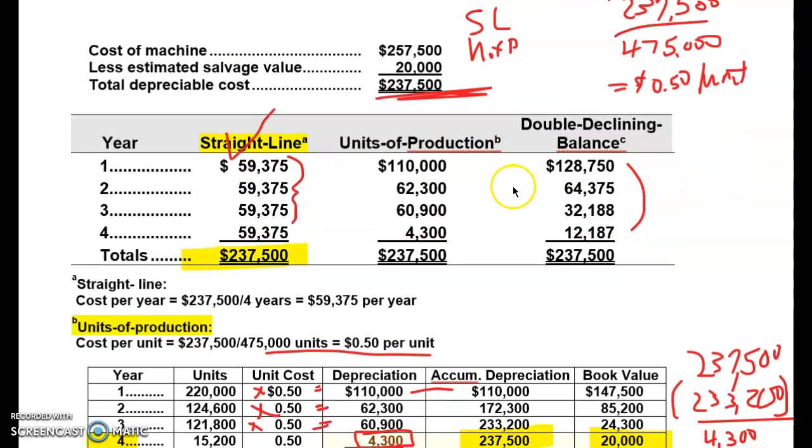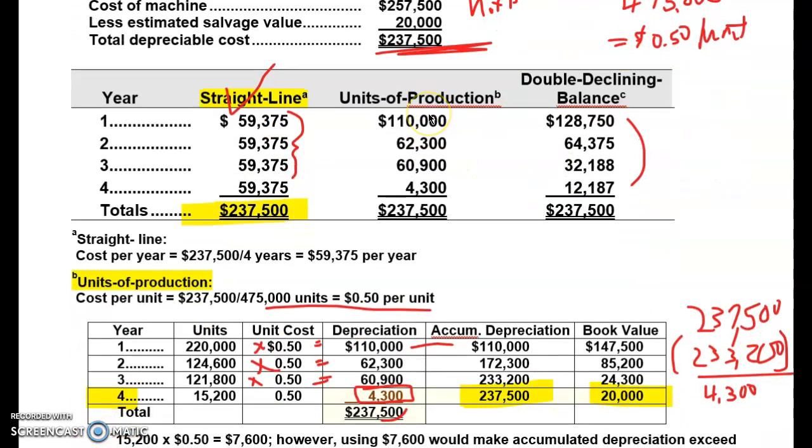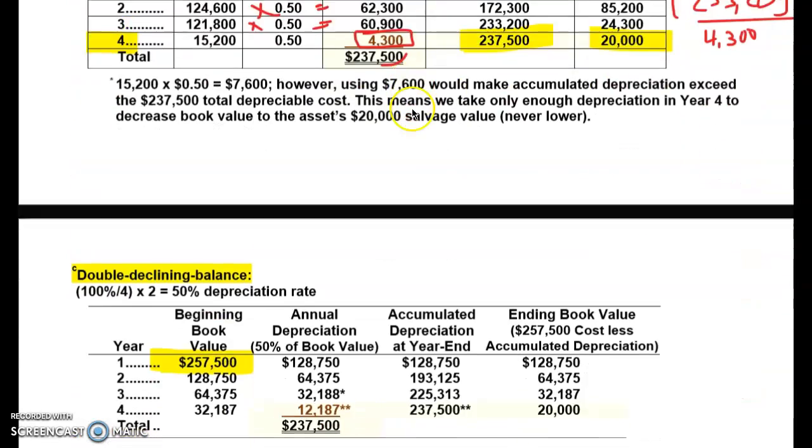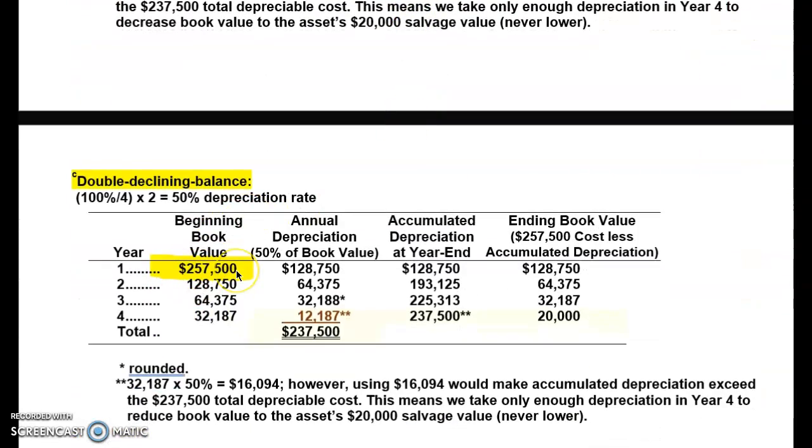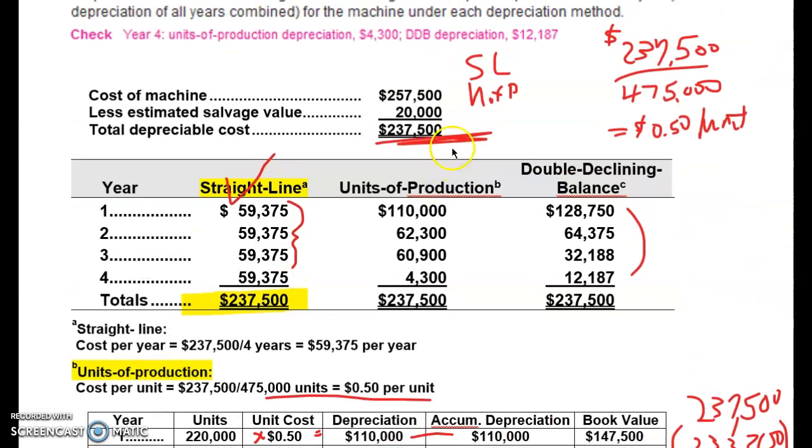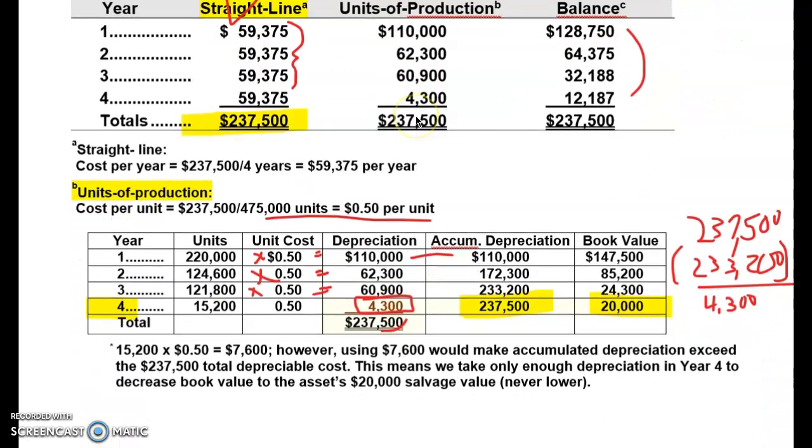We don't need it for double declining, 237.5. We do need that information, so I was correct when I said that. But I want to make sure I'm not misleading that with double declining, we do not start with 237.5. We do need it, we do use it, so I was accurate, we just don't start with it.